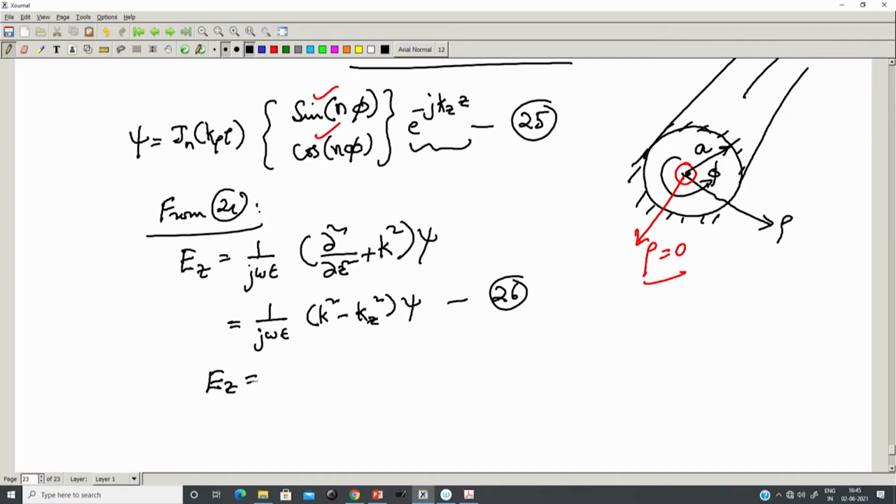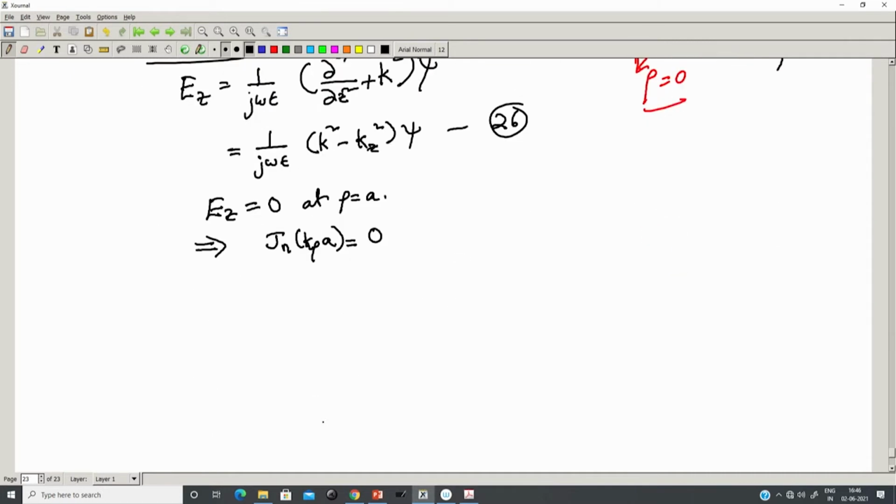So, Ez must be equal to 0 at rho equal to a, and that means Jn k rho a must be equal to 0, because that is the only way Ez equals 0 at rho equal to a. From equation number 25 we substitute rho equal to a, and Jn k rho a must be equal to 0 at rho equal to a.